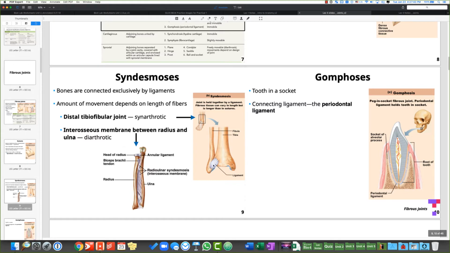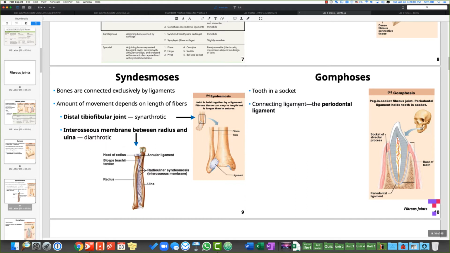That one is considered synarthrotic because it's completely immovable. But there are cases where they are fairly movable, like the interosseous membrane between your radius and ulna. That one would be considered diarthrotic because it's freely movable.